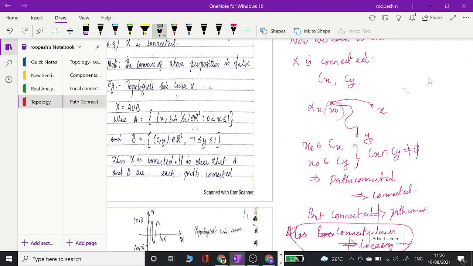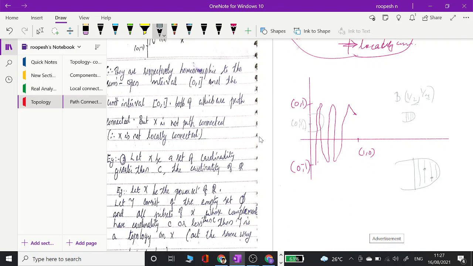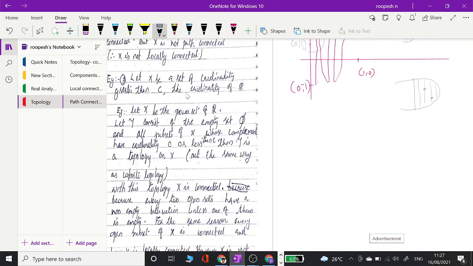Next, what we are having is examples. See, next example. Let X be a set of cardinality greater than C. C means the cardinality of the real numbers. That means we can take the power set of the real numbers.